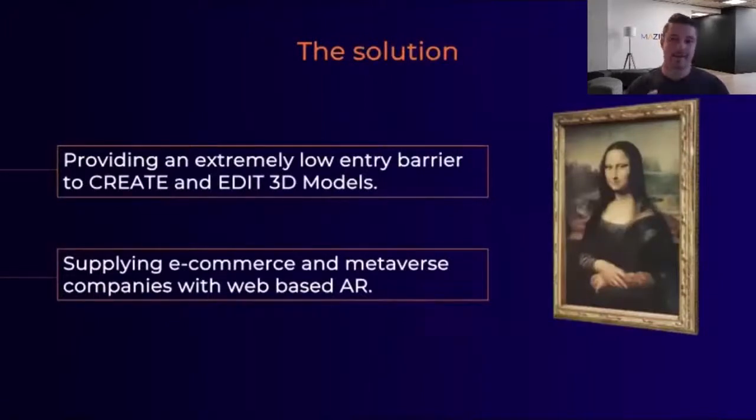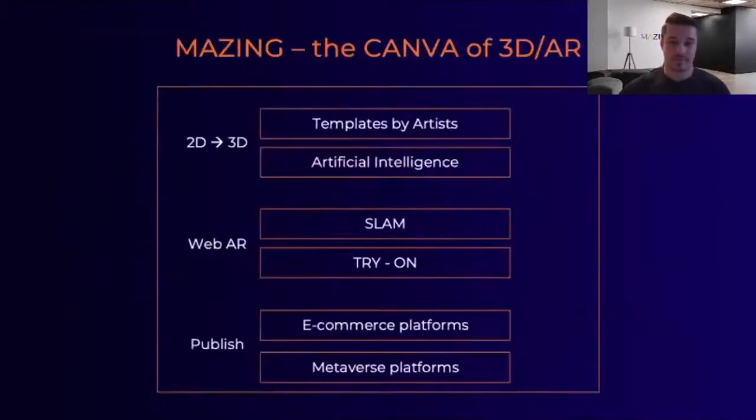And as I said, we tackled that problem with two approaches. First of all, we are providing an extremely low entry barrier to create 3D models. And we're supplying e-commerce companies then with web-based augmented reality, but also metaverse platforms. How do we do that?